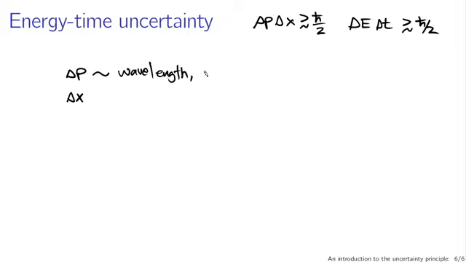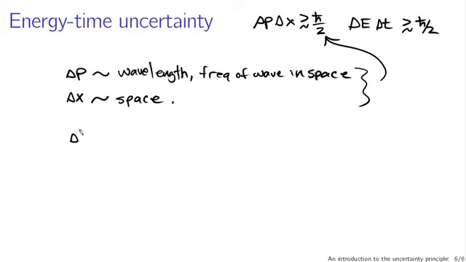In the context of energy and time, we have the same sort of thing. Delta T, well, that's pretty clear, that's time. And delta E, well, that then, therefore, by analogy here, has to have something to do with the frequency of the wave now in time.